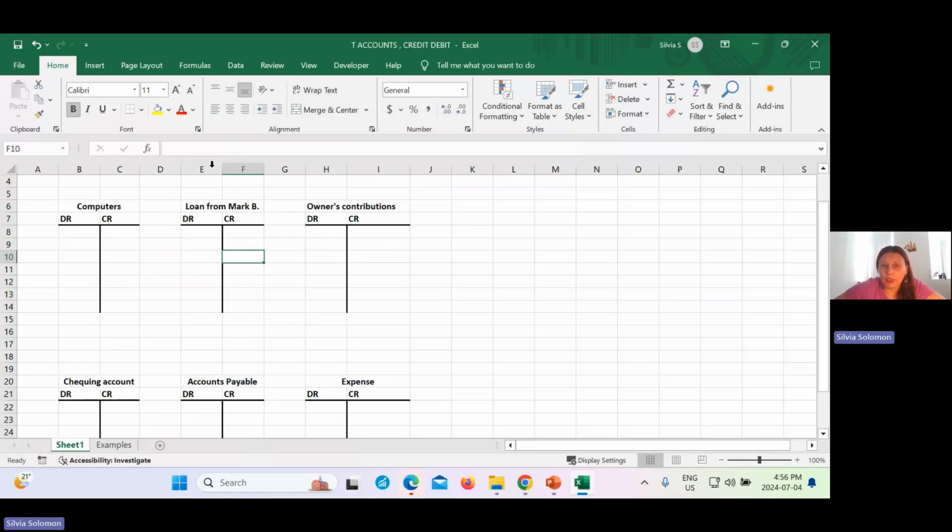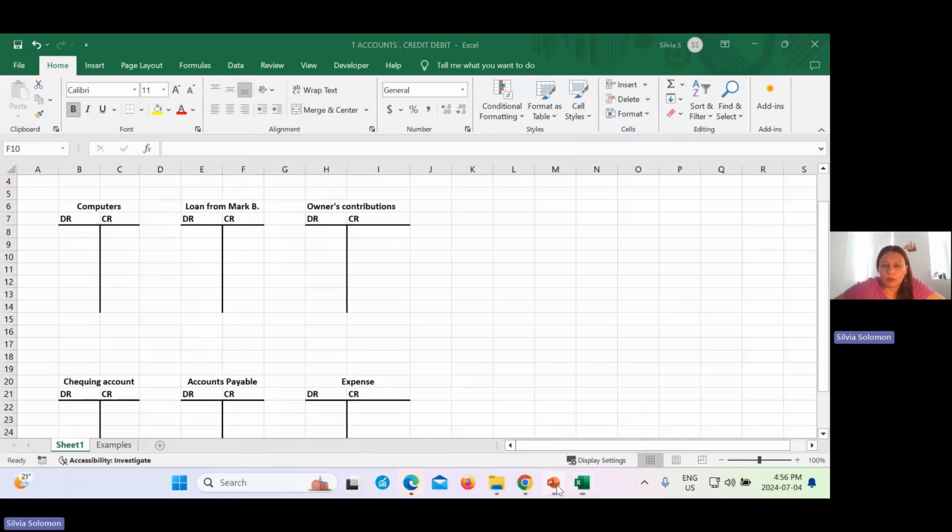So we created a liability because the company needs to reimburse Mark. It's a liability, the loan. So we represent the account in a T shape, debit on the left, credit on the right, and so on.